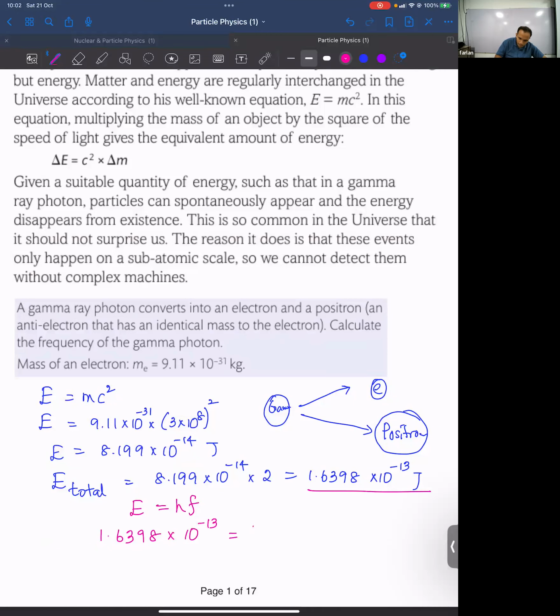And h is the Planck constant, which is 6.63 into 10 to the power minus 34, multiplied by the frequency, which we are told to find. From here, you can find the frequency, which is 2.47 into 10 to the power 20 hertz.